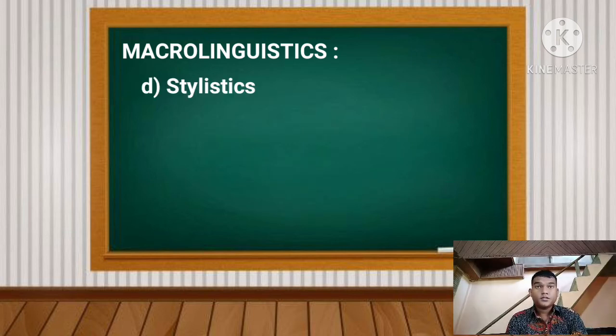Next, stylistics. Stylistics is the study of how literary effect can be related to linguistic features. It usually refers to the study of written language, including literary texts, but it also sometimes investigates spoken language.